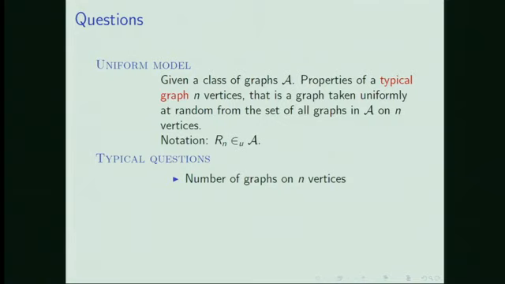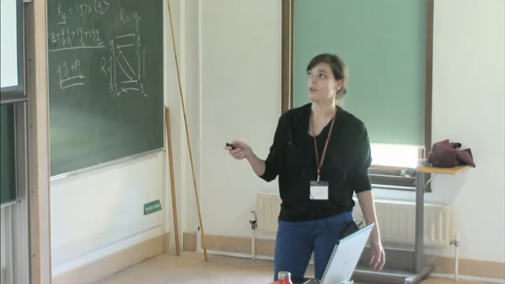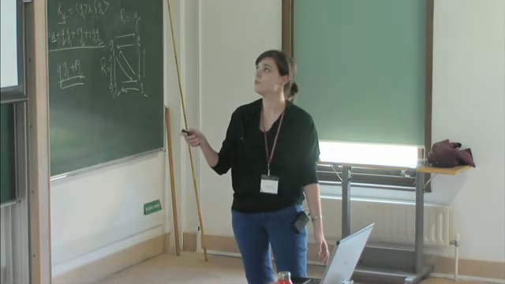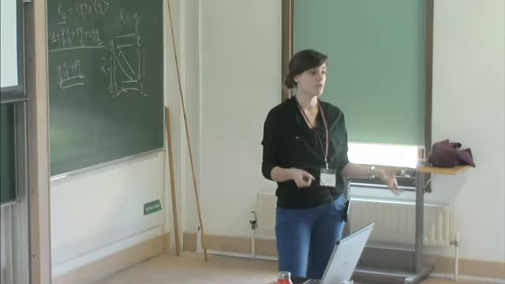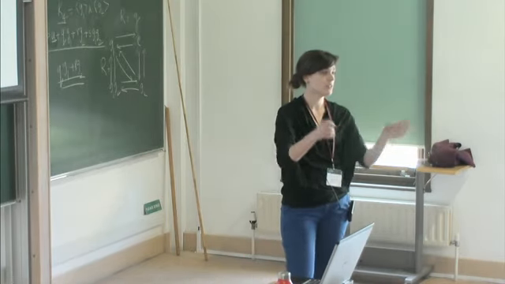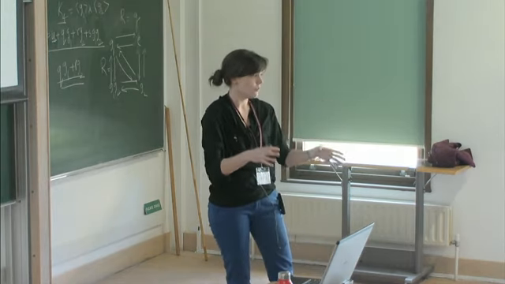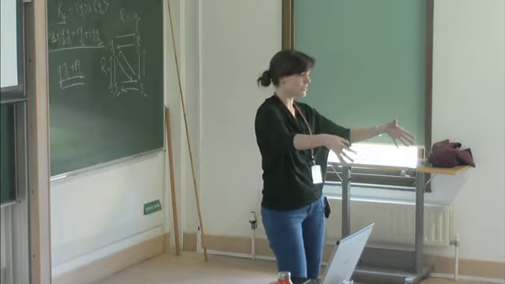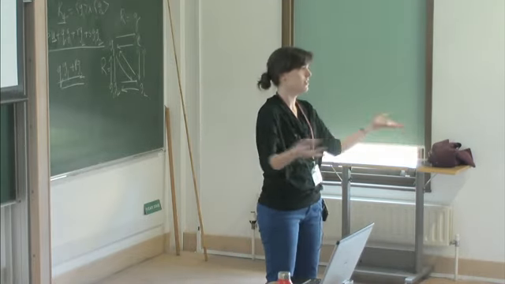Suppose I'm given a class of graphs, and I want to ask, what are the properties of a typical graph on n vertices? And what's a typical graph? It's a graph sampled uniformly at random from the set of all graphs on n vertices. If you're familiar with graph theory, don't think about the Erdős-Rényi model, but really just take a box, have all the graphs on n vertices in it, pick one uniformly at random, and look at what happens.